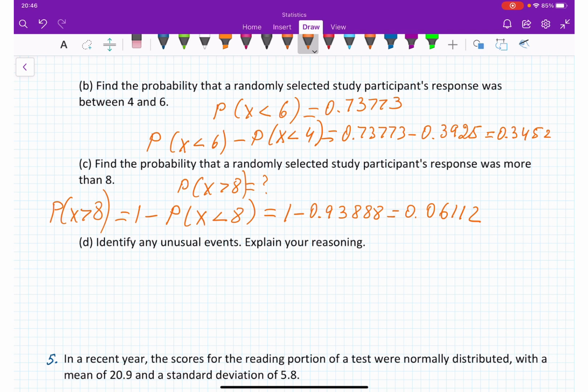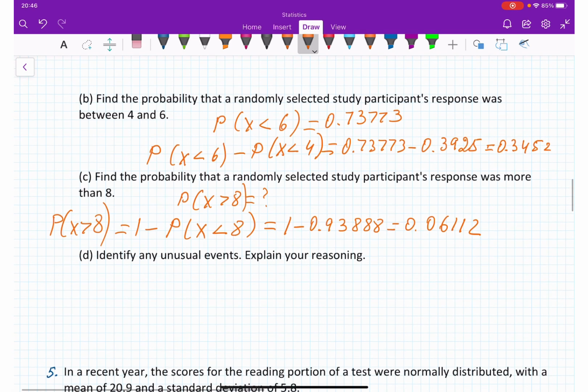Unusual events, if we look, we are not going to have any unusual events because all the probabilities are greater than 0.05. Unusual events, we consider the ones that are less than 0.05. Okay, therefore, no unusual events.